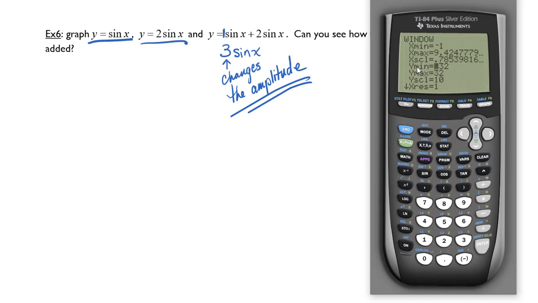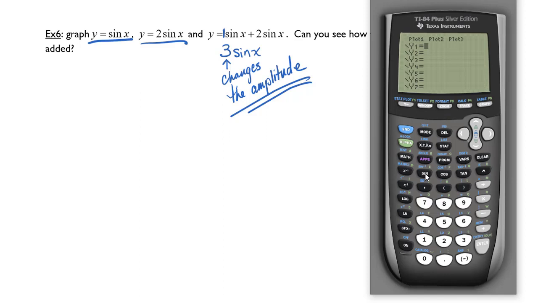And then my y min will be a -2. But since I want a buffer, again, I'm going to be making it -3. And my y max will be 3. My y scalar, I'll just go with 1. And now I should be able to see my graphs nicely in this window.